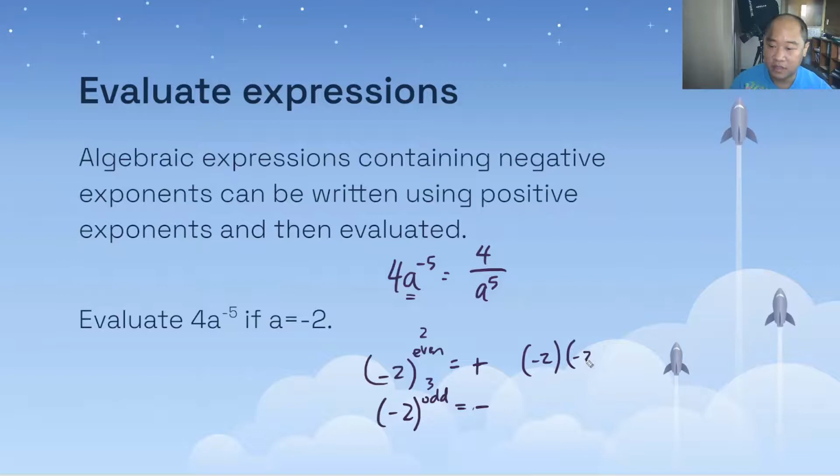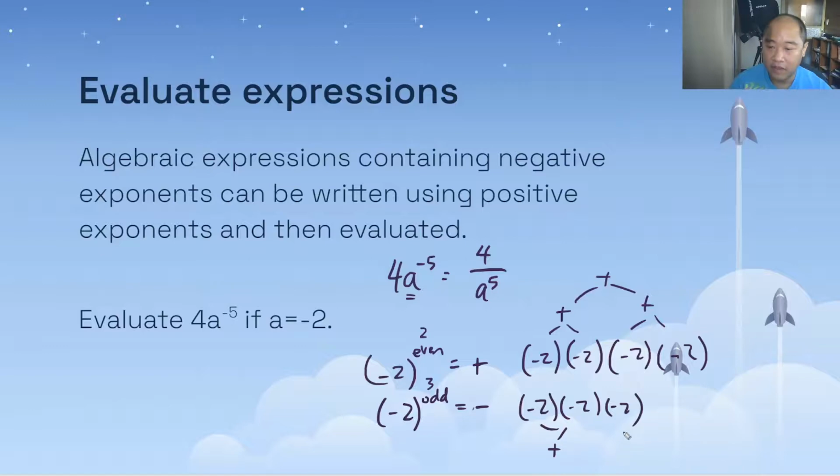-2 times -2 is going to be a positive number, right? And if we had 2 more of these, that's still going to be positive. And a positive times a positive is going to be a positive. But an odd number, you're going to have a positive, and then you're going to have this leftover negative, right?